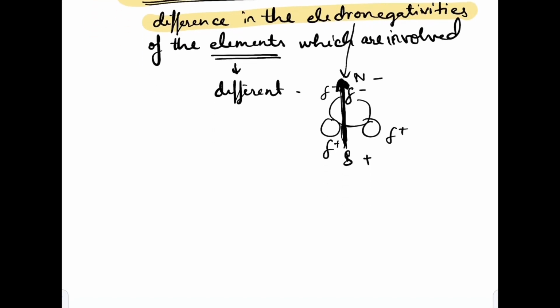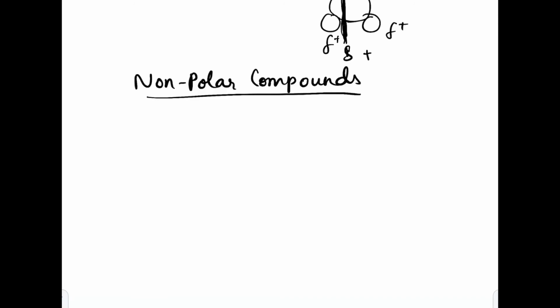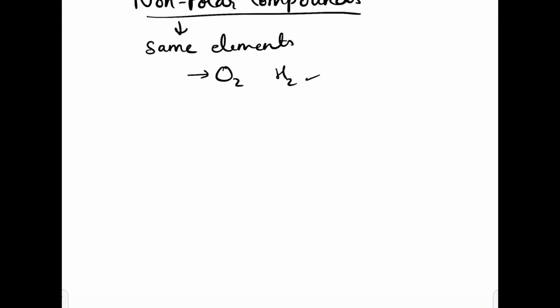But in the case of non-polar compounds, there is a different kind of case. Non-polar compounds are formed by the interaction of the same kind of elements. So if you have O2, H2, these are elementary molecules, where only one kind of atom participates in the bond formation. Similar is the case for S8, sulfur 8, where all the similar sulfur atoms participate in bond formation.